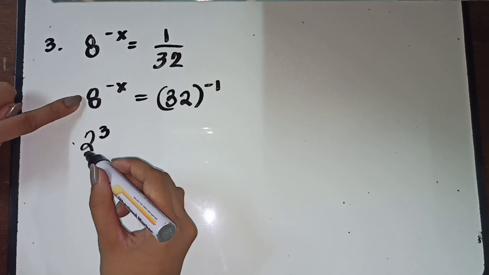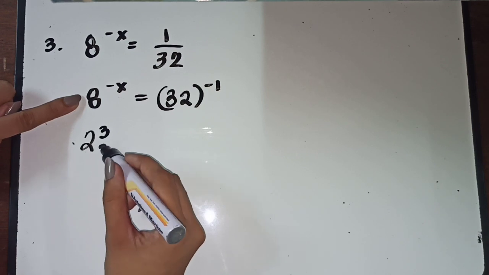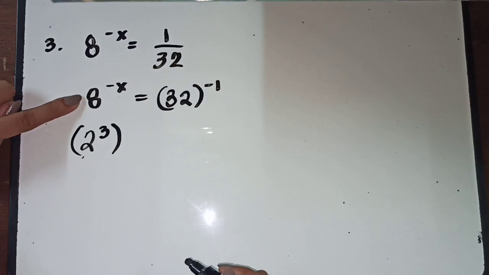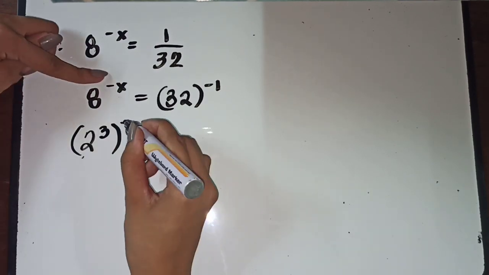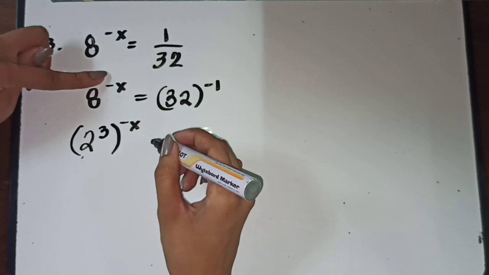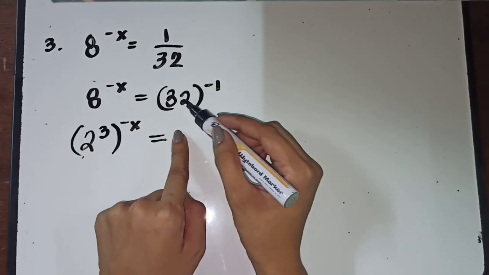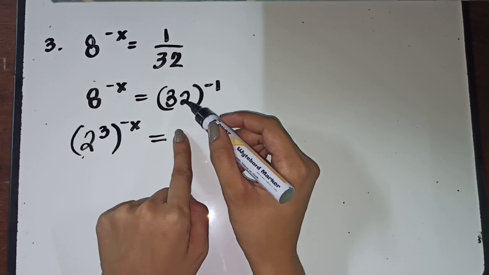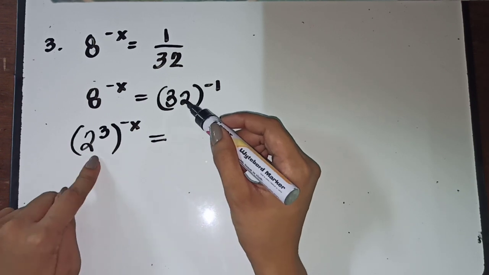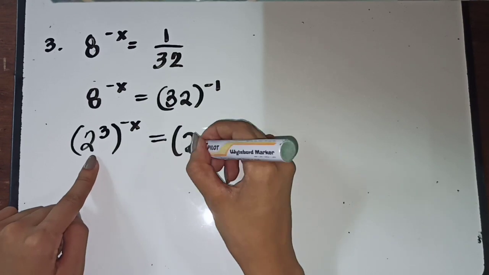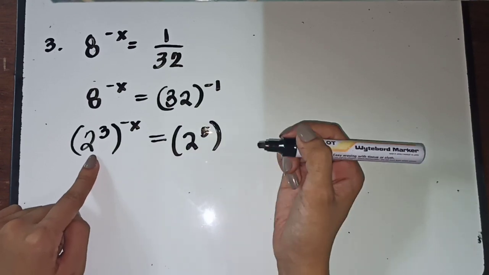So, why? 2 multiplied by 2 is 4, multiplied by 2 is 8. Again, this 8 is also equal to 2 raised to 3, then raised to the exponent, which is negative x, is equal to, hanapin ang exponential form ni 32, having the base of 2. So, this 32 is equal to 2 raised to 5.